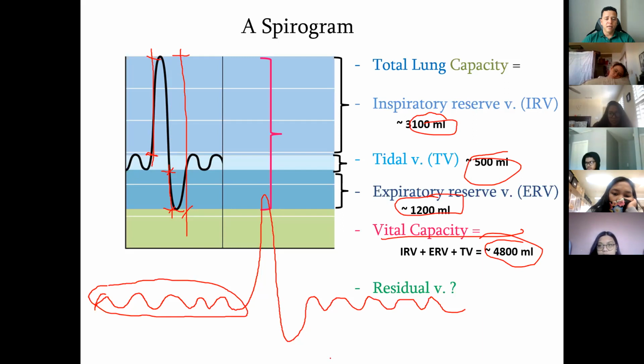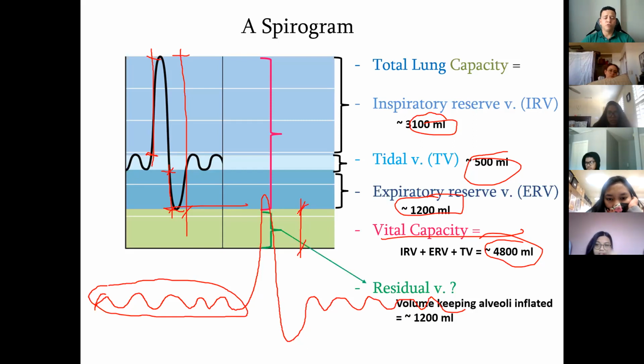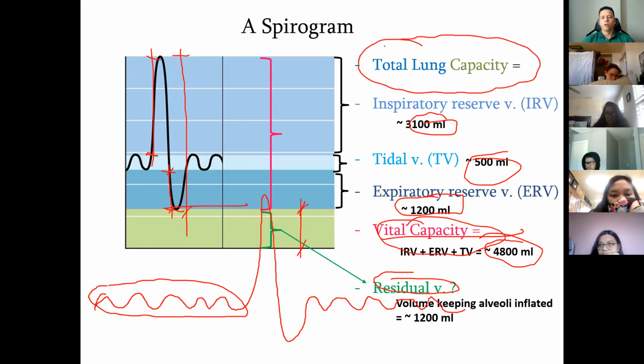This is the amount of air that remains in our lungs even after we exhale as hard as we can. That air keeps our alveoli open, keeps them inflated. This is what we call the residual volume, and on average it is 1,200 mLs of air. When we add the residual volume to the vital capacity, we get what is called total lung capacity, okay?